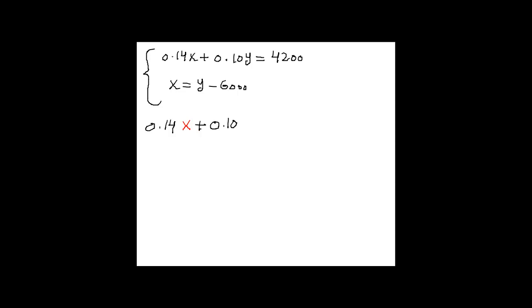In this case, I would have one place here that has x in there. I would substitute that. In this case, I would substitute y minus 6,000. By doing that, you're forcing this equation to have only one variable, one unknown, which is y. So we can solve for that.